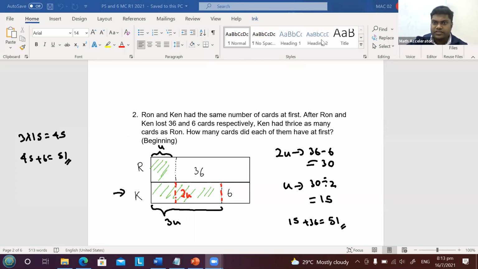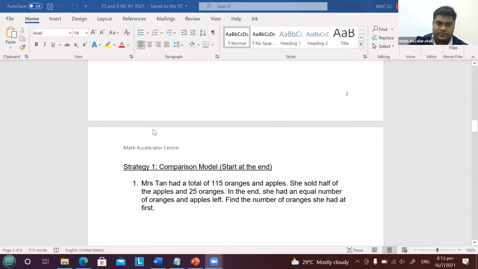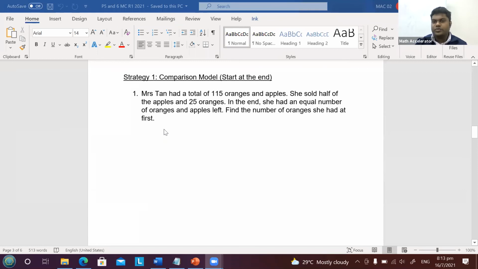Now I can move on to the next question. Okay, next one. Start at the end. So at first, there were equal number of items, right? Now, when things happen, then only at the end, you have an equal number, right? So we're going to work backwards. How are you going to do it? So let's read the question first.